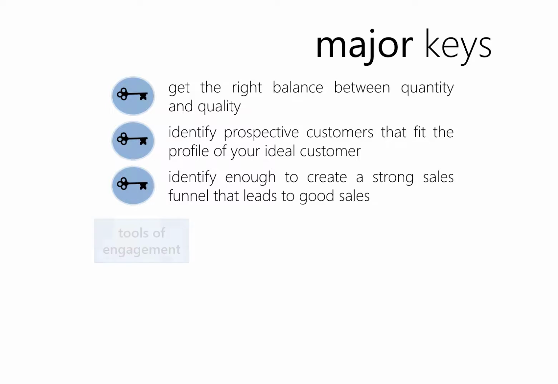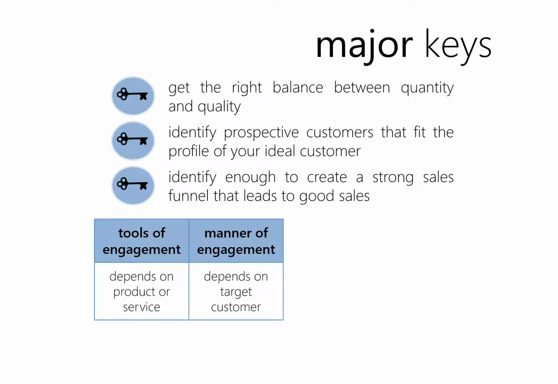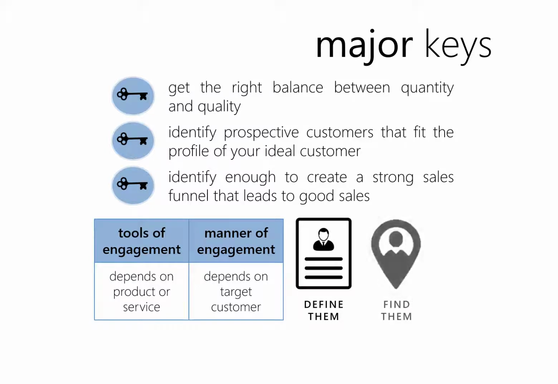The specific tools that you will use and the specific manner in which you will engage will depend on your particular product or service and who your target customer is. However, first focus on defining that ideal customer, and then you will figure out very easily where to find them and meet them and connect with them as a start to engaging them through the sales funnel.